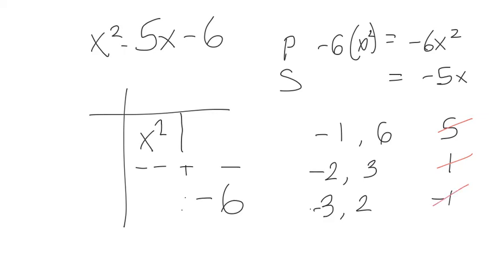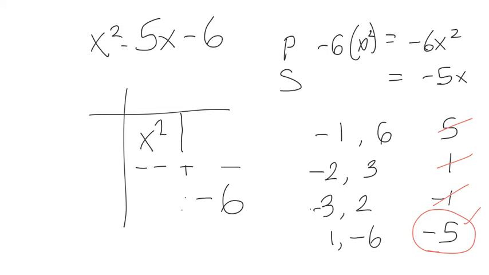I've almost exhausted my possibilities here, but oh wait, one I didn't try, sorry, is positive 1 and negative 6. Those multiply to give me negative 6, and if I add them, aha, here we go. If I add them, I get negative 5. And that's what I want.